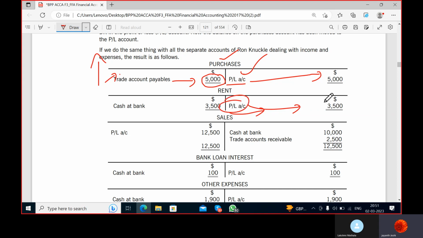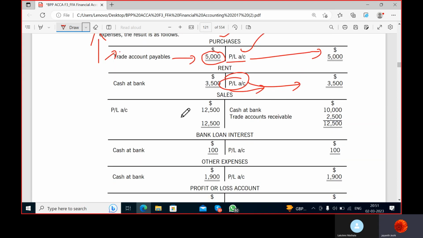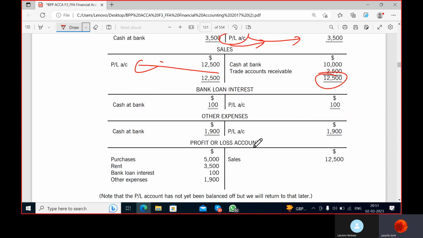And sales, you are transferring to the P&L account here. You are transferring this bank loan interest to P&L account, and you are transferring this cash at bank to P&L account. These other expenses to P&L account.